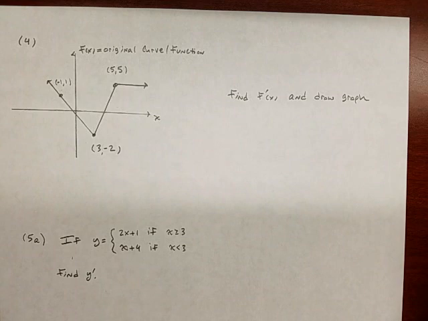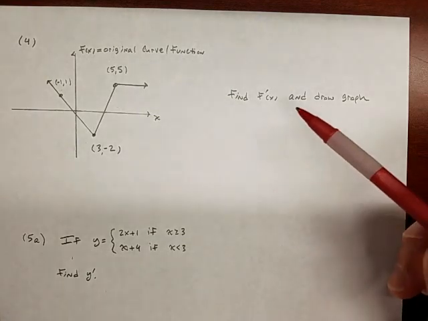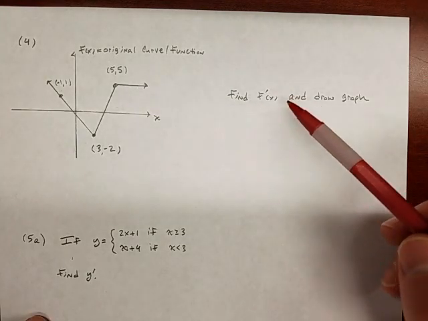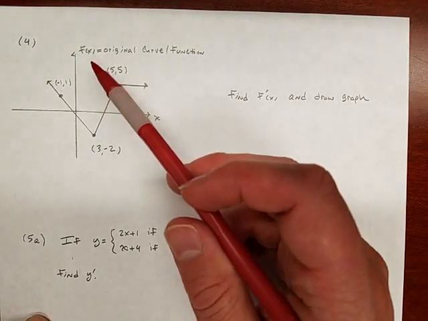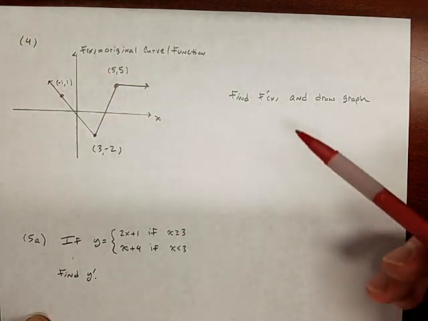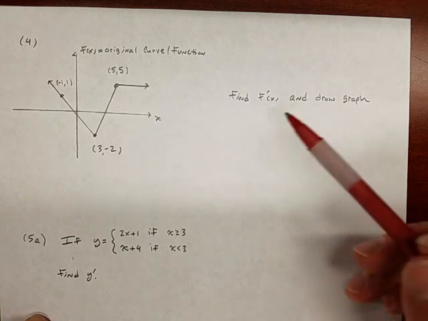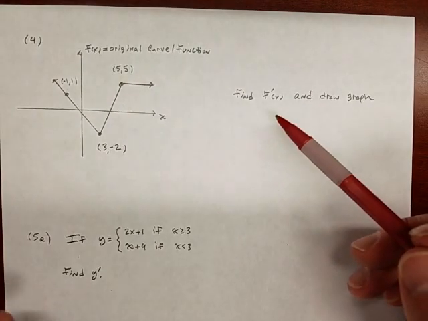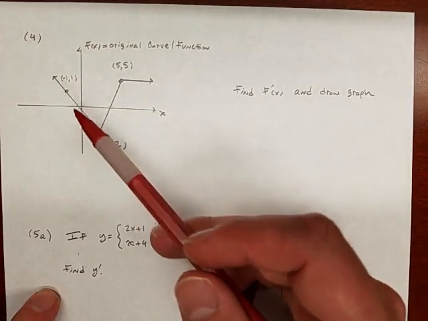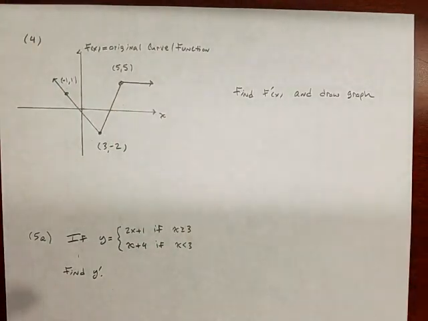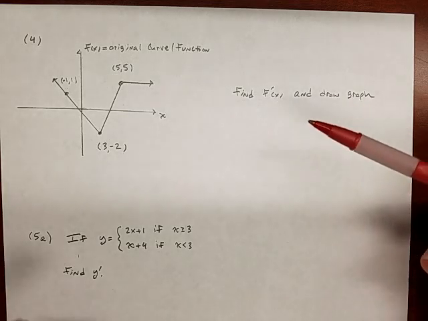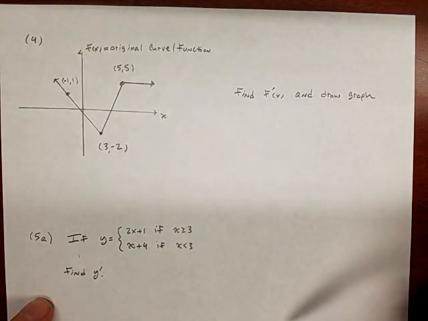I would just have to think about what kind of information f prime is supposed to give you about f. A correct answer for f prime would have to tell me the slope at every point, because that's one of the things the derivative does: it tells you the slope of the curve.